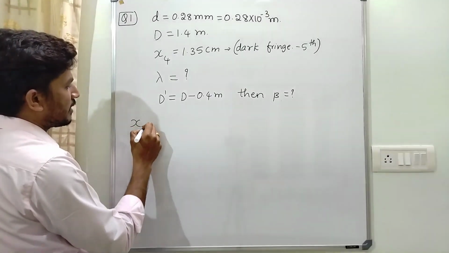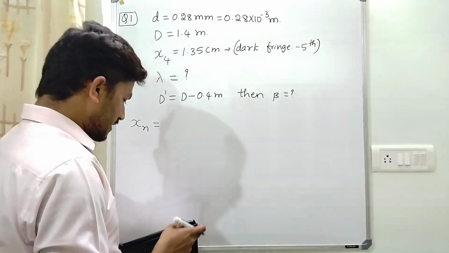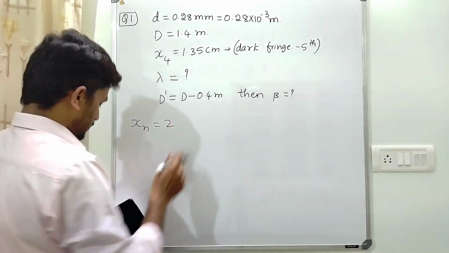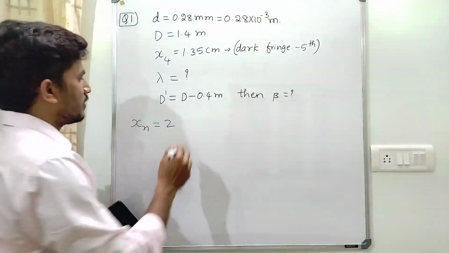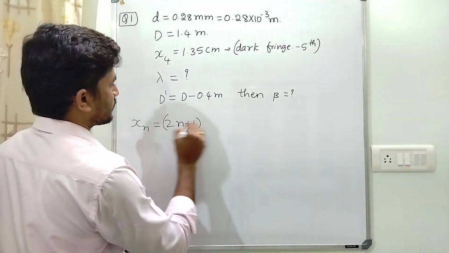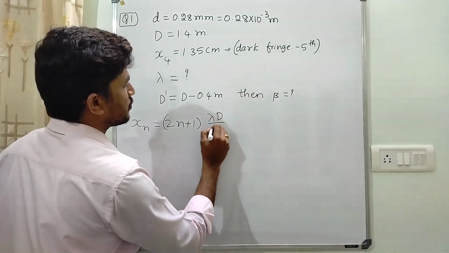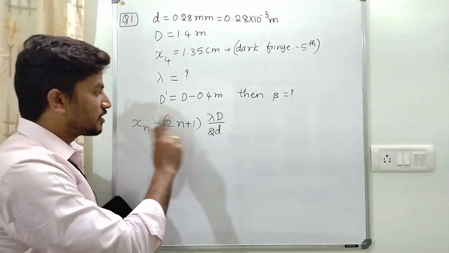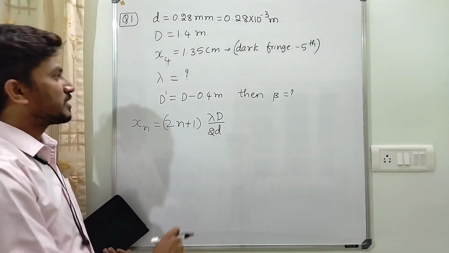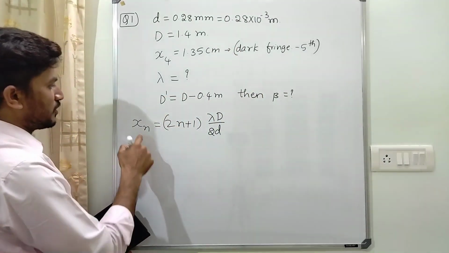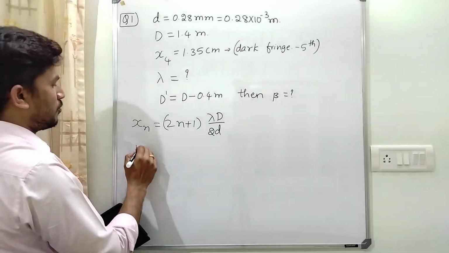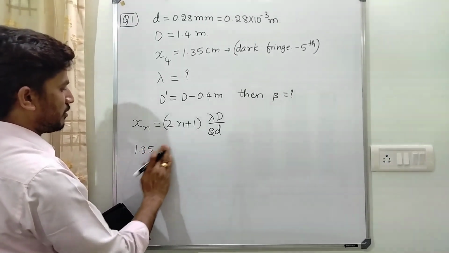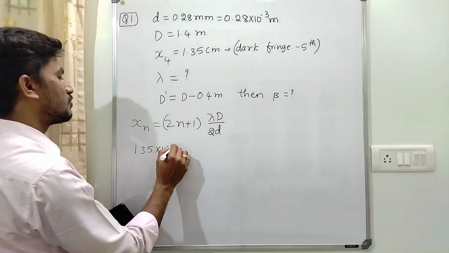So we have the formula xn is equal to (2n plus 1) lambda D by 2d. This is the distance of the nth dark fringe from the central bright fringe. So xn is given, 1.35 centimeter, which I will directly substitute as the actual value, 1.35 into 10 to the power minus 2 meter.